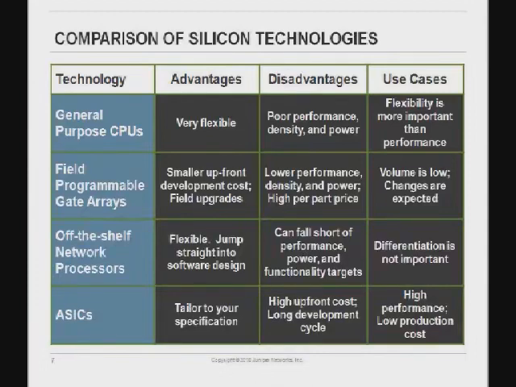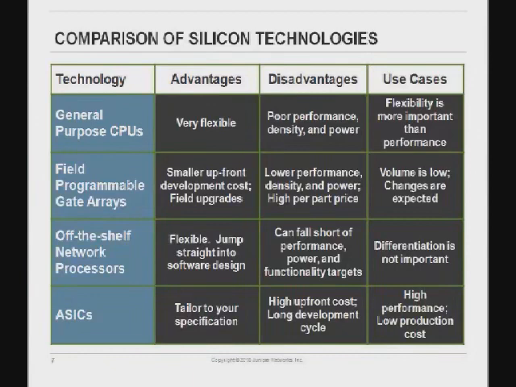In the last one, we can see the ASIC, the application-specific integrated circuits. And they are tailored exactly to your specification. That's the advantage. They are high performance and comparably low production costs. But the disadvantages are also there.